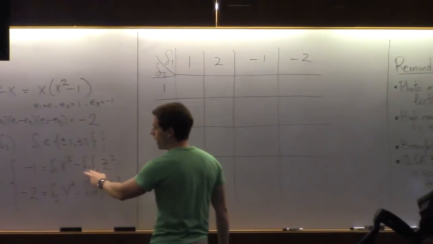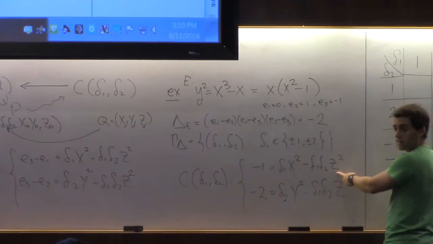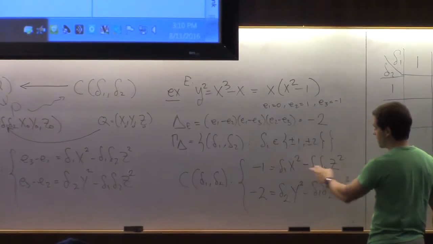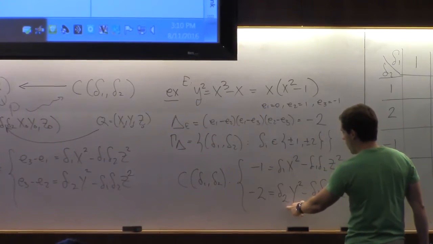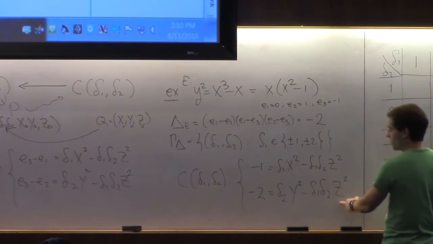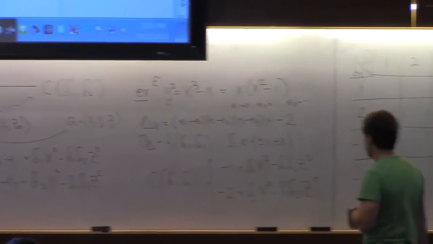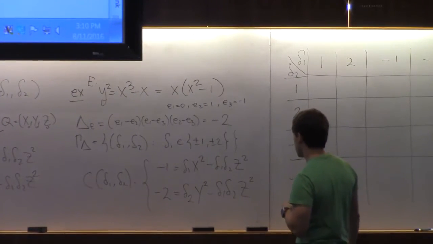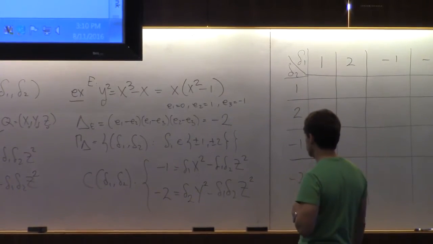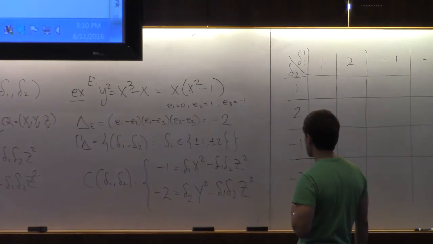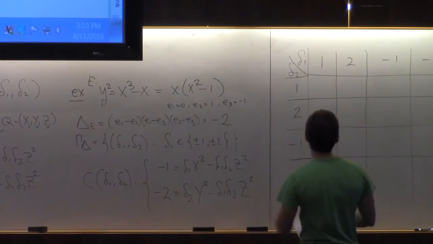Let's see if that's true. With (1, 1), I get x squared minus z squared. So I can pick x0 and z to be 1. And I get y squared minus z squared. And then I can pick... let me not get stuck in that point.